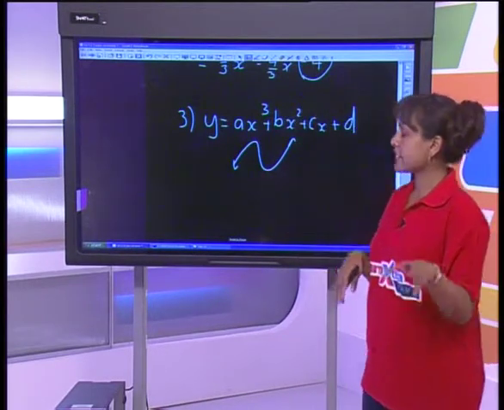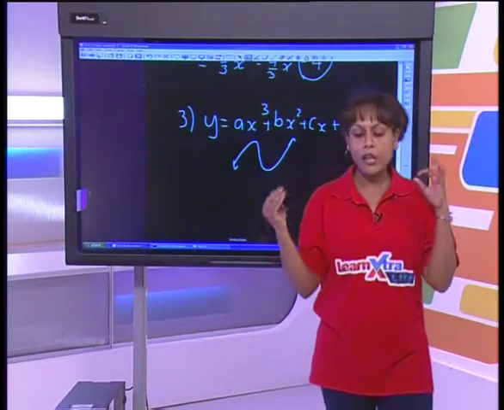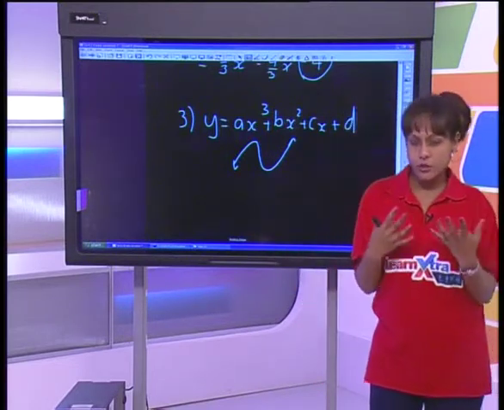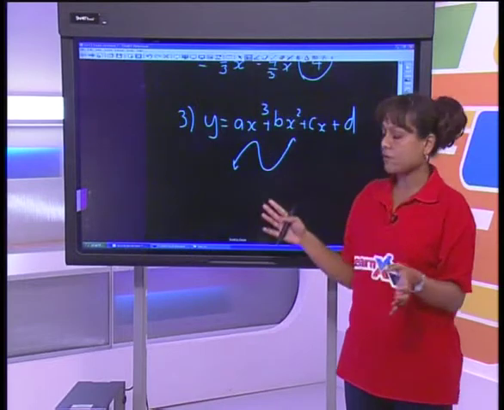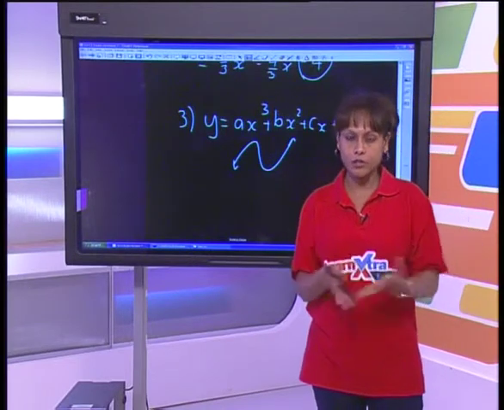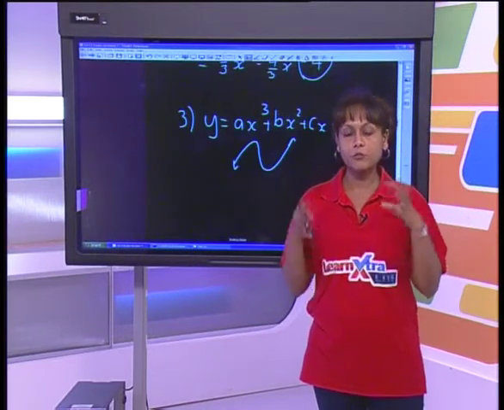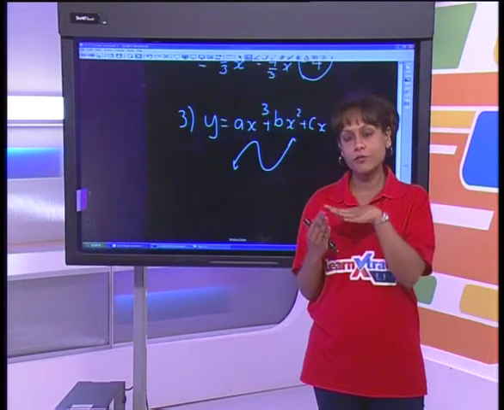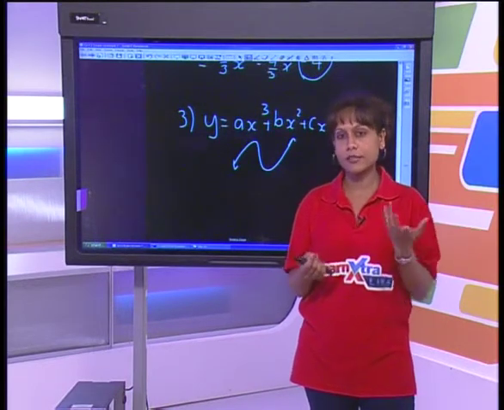Okay, now guys, if you think about it, because remember, when you're trying to find the turning points of this cubic graph, how do you find turning points? Okay, remember when you find turning points, you have to find the derivative and you make it equal to 0.